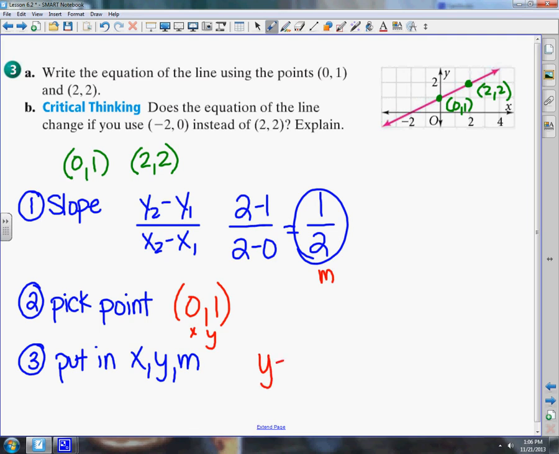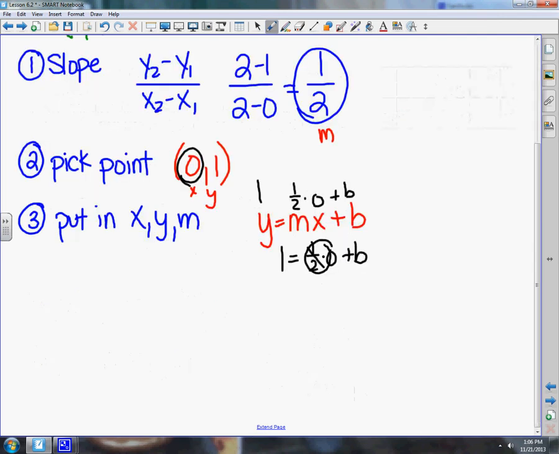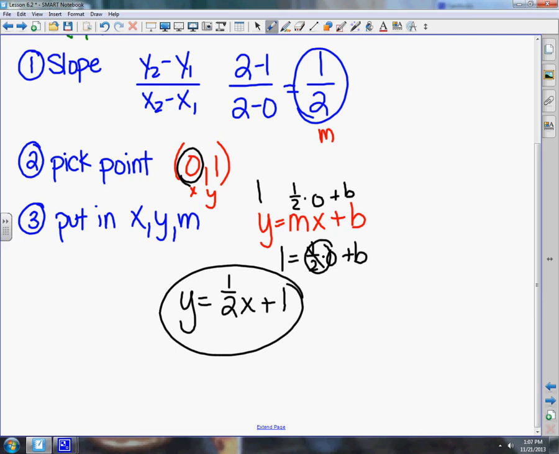So you have y equals mx plus b, and you put in x is 0, y is 1, and m is 1/2. So you plug those in: 1 equals 1/2 times 0 plus b. So that's 0. So then I see that 1 equals b. So then I know my equation is y equals 1/2 x plus 1, where my m was 1/2, that goes right here, and my b was 1, and that goes right here.